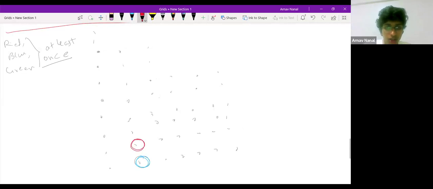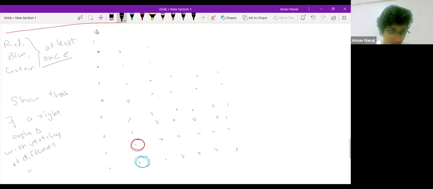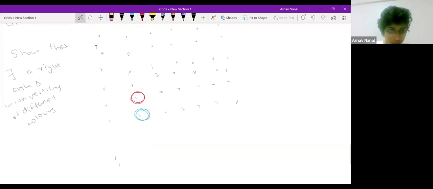Show that there exists a right angled triangle with vertices of different colors. They need not be parallel to the sides, so you can have a tilted triangle.